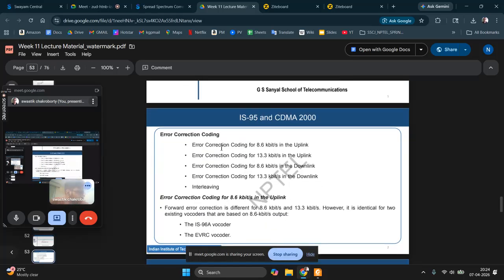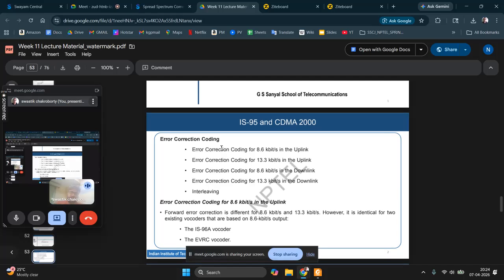Next, error correction coding. Once speech coding is done, another kind of coding is error correction coding.